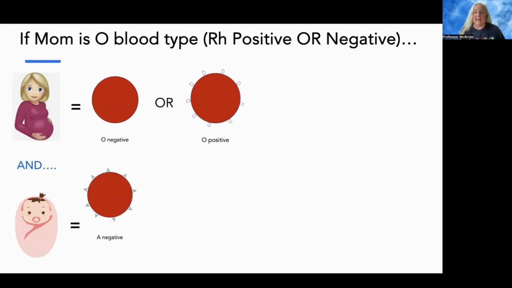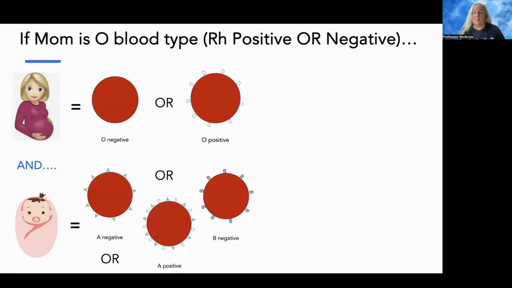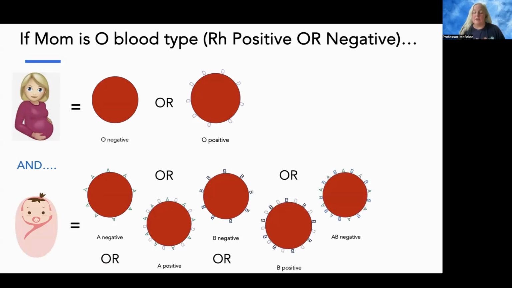So the baby could be A negative, the baby could be A positive, the baby could be B negative, the baby could be B positive, the baby could be AB negative, or the baby could be AB positive. Any of these scenarios has the baby having either an A or B antigen or both.